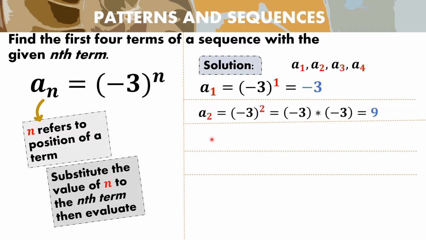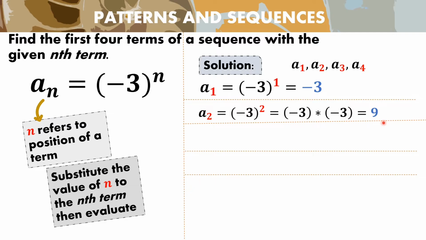Second term, a sub 2 equals quantity negative 3 squared equals, you're going to multiply the base negative 3 by itself twice. Negative 3 times negative 3 equals 9.